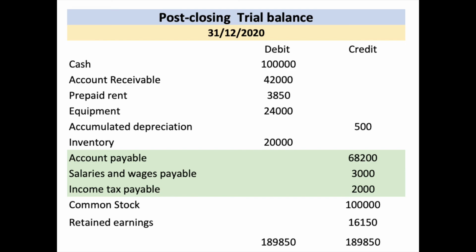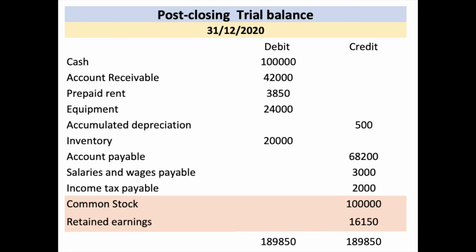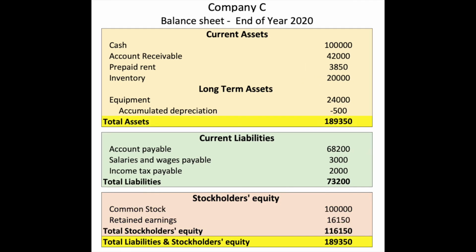Current liabilities are in the middle of the balance sheet. Common stock and retained earnings are stockholders' equity accounts. Stockholders' equity accounts are in the bottom of the balance sheet. Total assets equals total liabilities and stockholders' equity.